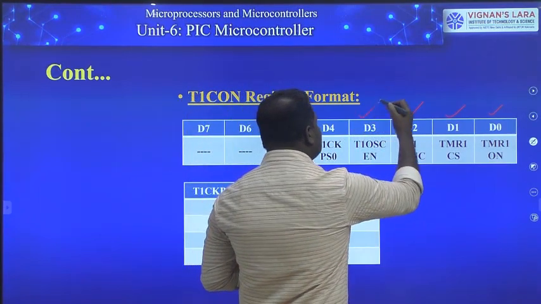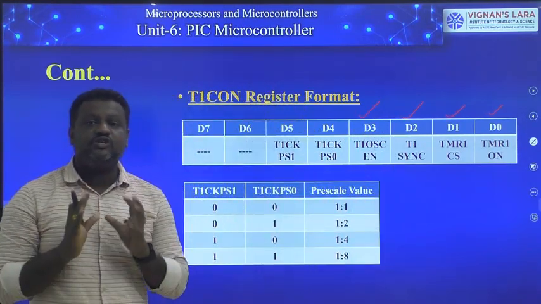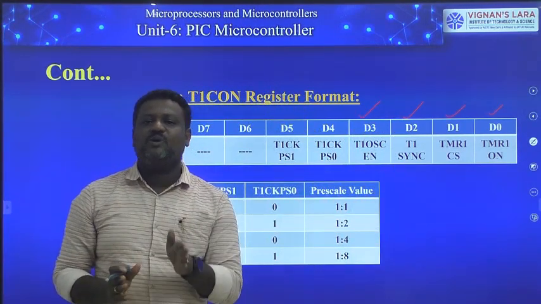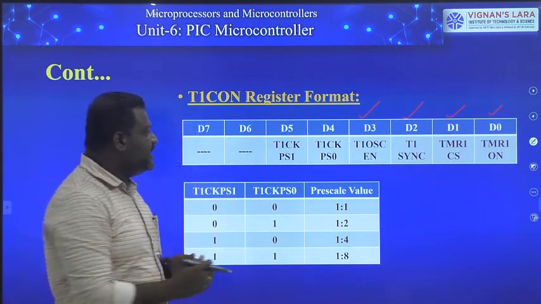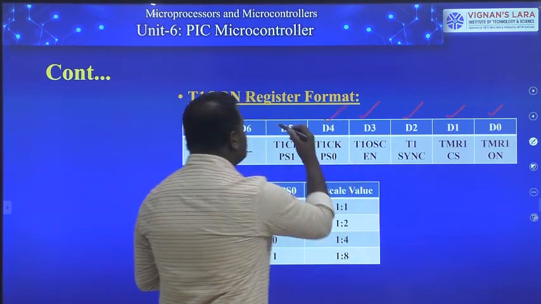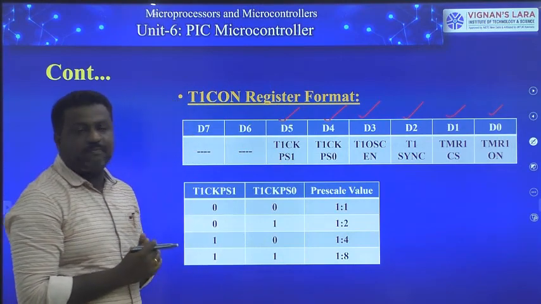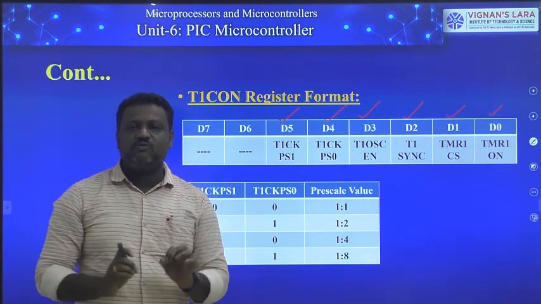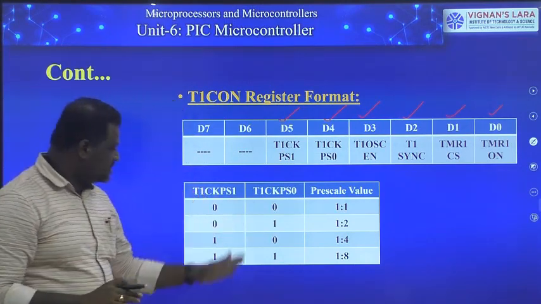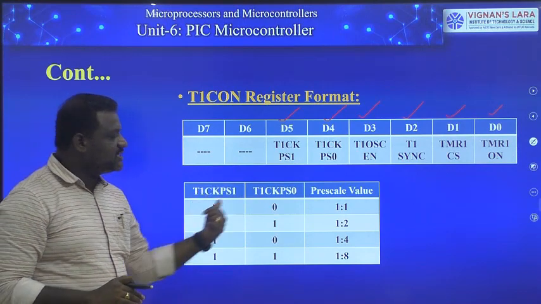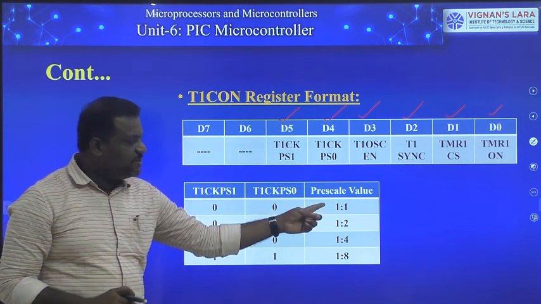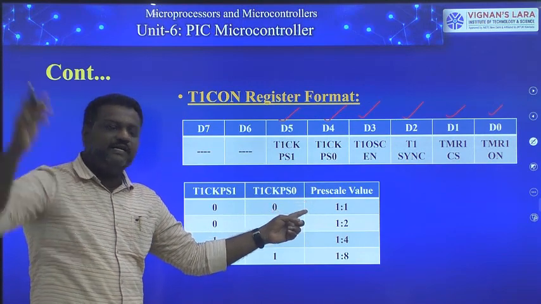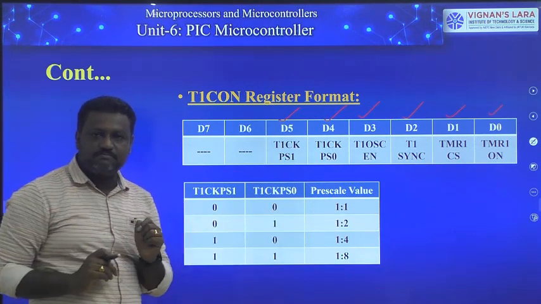And next, T1OSCEN is a bit used to enable or disable the timer 1 oscillator. Next are T1CKPS0 and T1CKPS1. These two are the timer 1 clock pre-scaling bits, which set the pre-scaling factor. If both are set to 0 0, one clock pulse increments the content of timer 1 by 1.